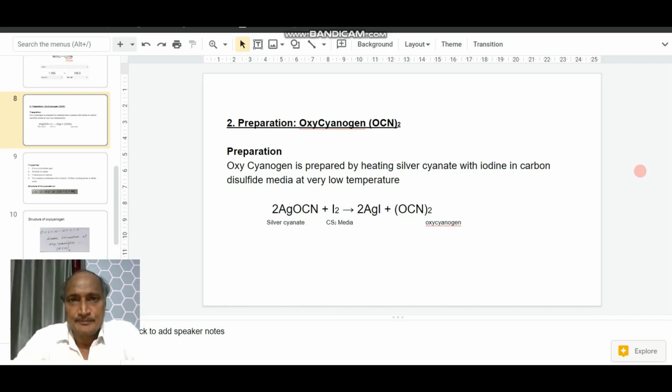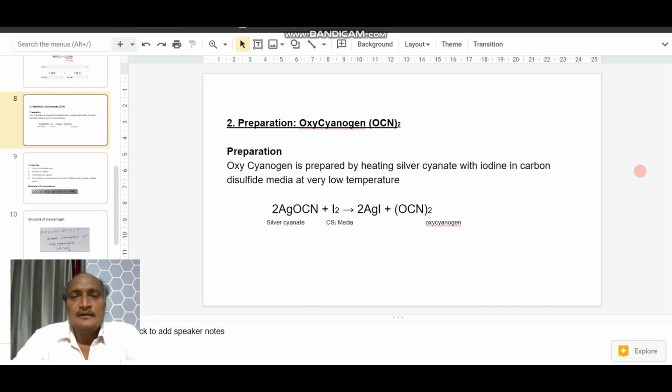Oxycyanogen is prepared by heating silver cyanate with iodine in carbon disulfide media. That is, oxycyanogen is prepared by heating silver cyanate with iodine in presence of carbon disulfide media at low temperature.